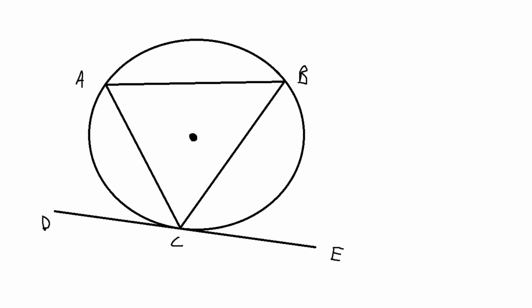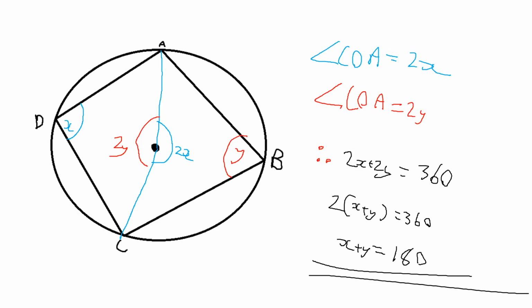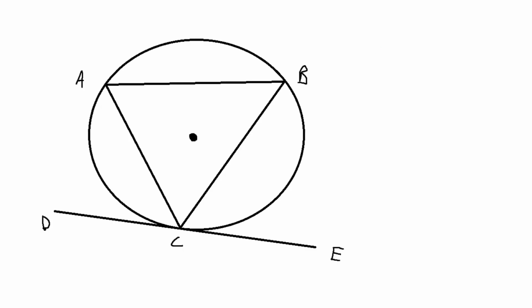What about the alternate segment theorem? It's not a quadrilateral, so we can't draw a radius to show off that we're using this circle theorem. How are we going to do it this time?